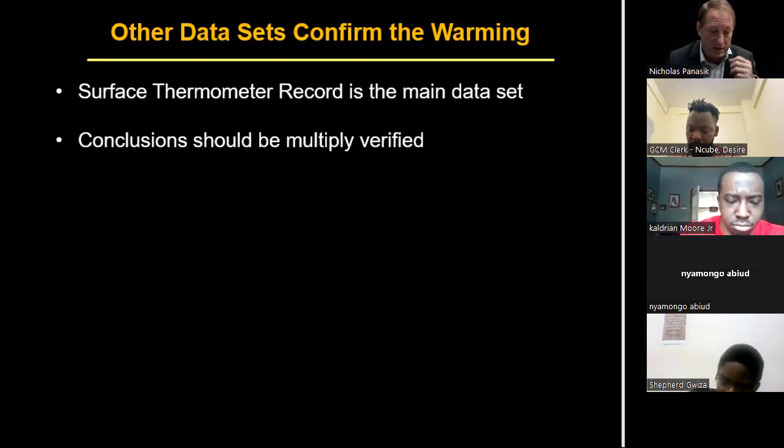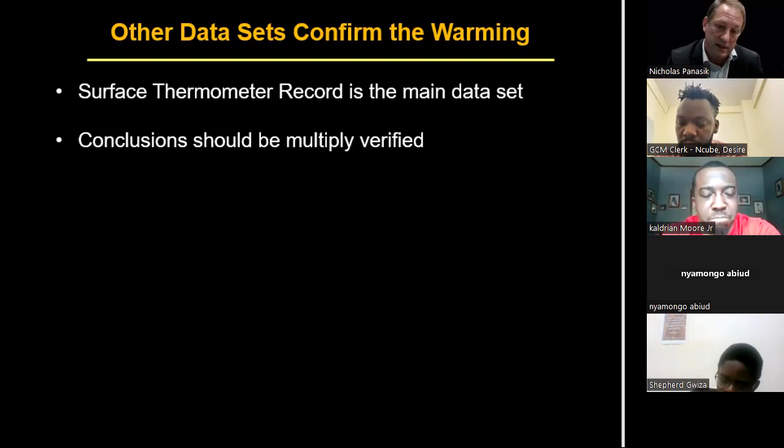As we talked about when we were talking about how science works in the first lecture, we like our conclusions to be verified multiple times, hopefully by a lot of different sources in a lot of different ways. So there should be other data sets that we can use to confirm this kind of warming.